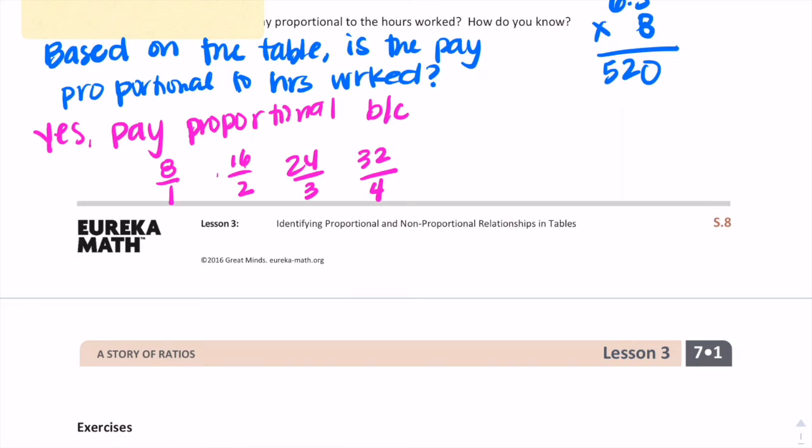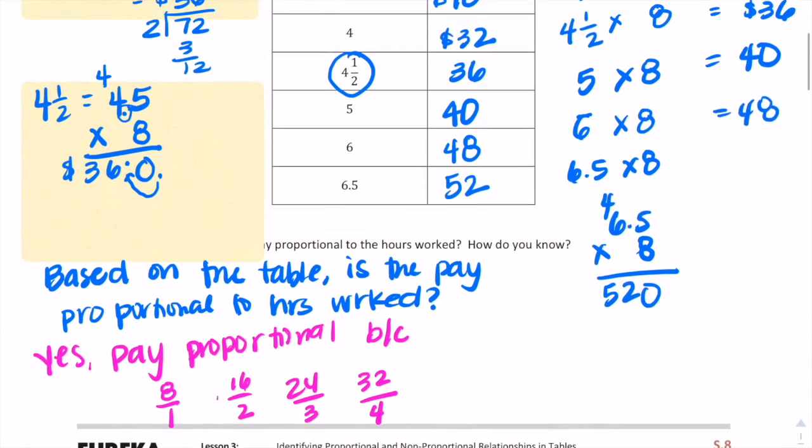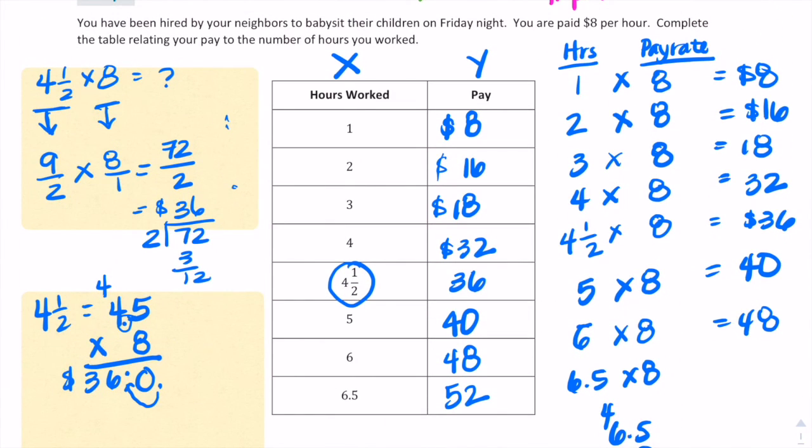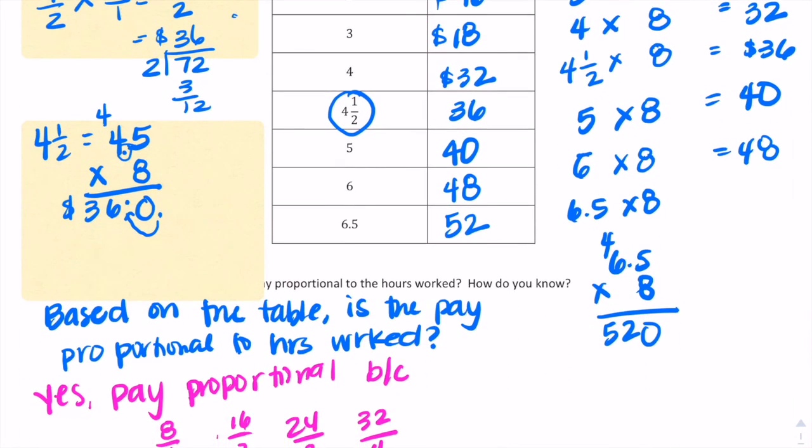All of them are the same. They're equivalent, right? And for all of our hours, all we had to do is multiply by 8, and we were able to get the corresponding pay. So that's how we know that X, which is our hours worked, is proportional to our pay, which is Y.